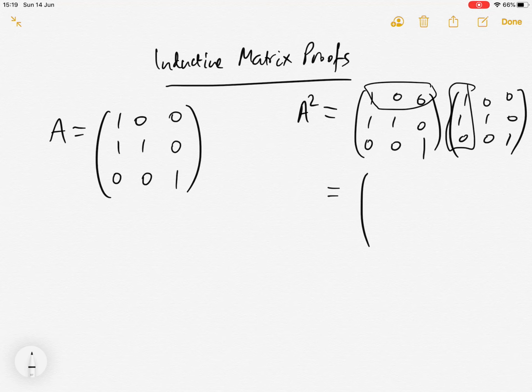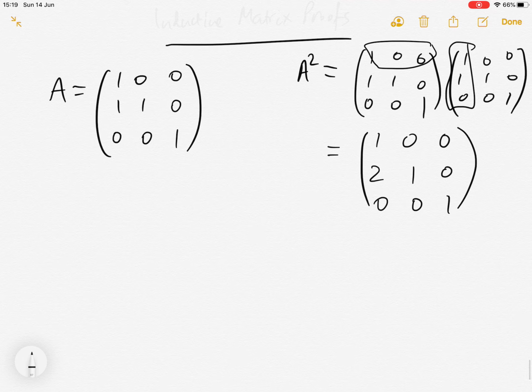First row and first column, we get 1. First row, second column, 0. First row, third column, 0. Second row, first column, we get 2. Then we get a 1. Then we get 0. And then we get 0, 0, 1. Okay? And then we'll work out A cubed.